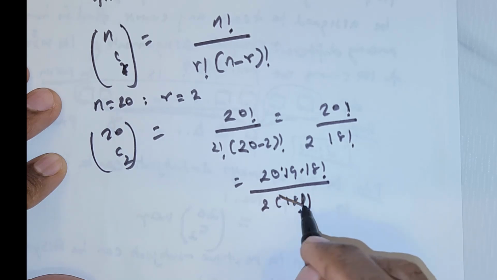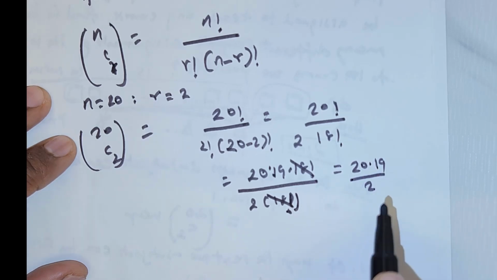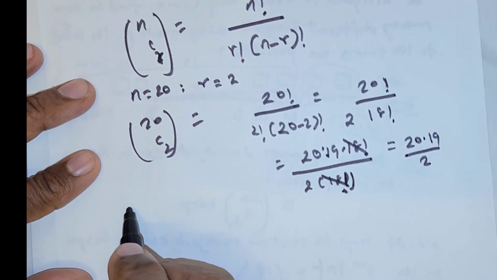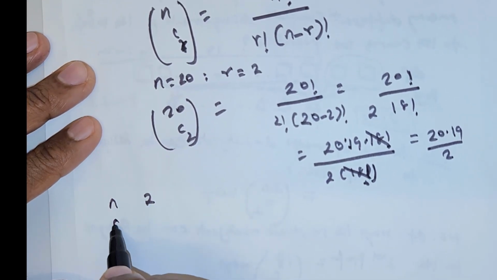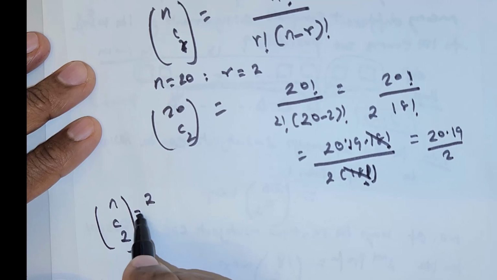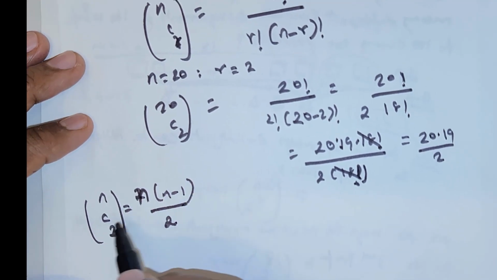Now 18 factorial goes off, giving you 20 multiplied with 19 divided by 2. So if I use our formula, NC2 is equal to n into n minus 1 over 2.